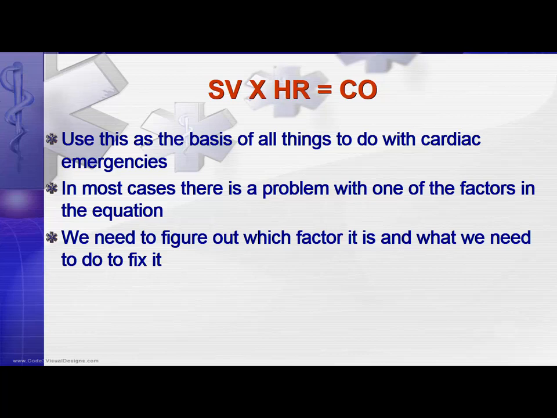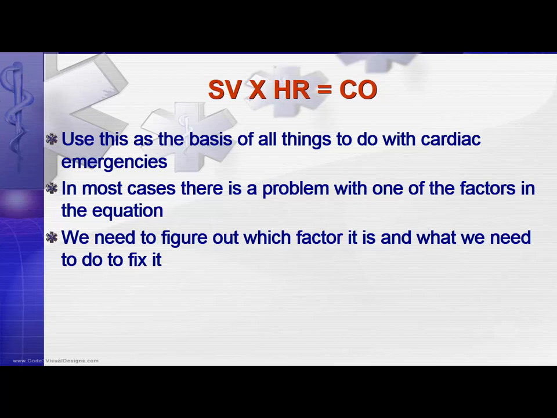Each stroke, right? Each stroke. Heart rate is over a minute. So stroke volume is how much volume is out each stroke, and then heart rate is going to be how many times the heart beats over a minute.